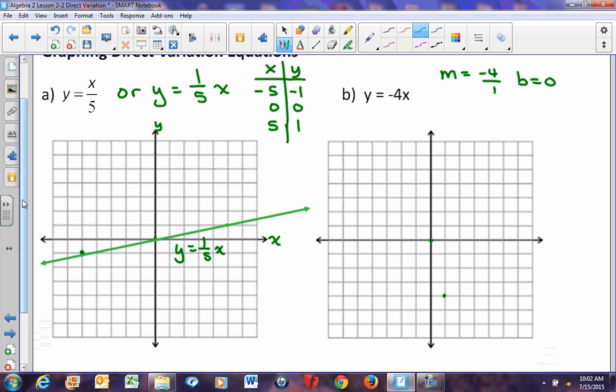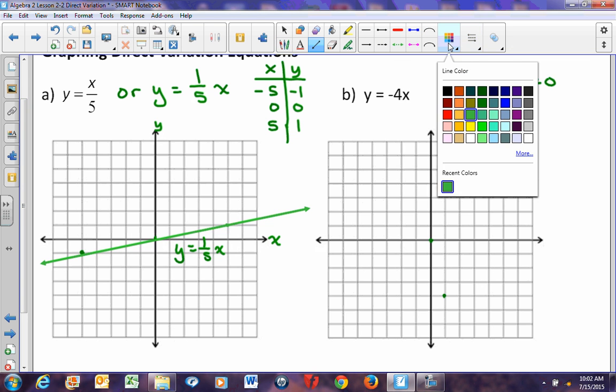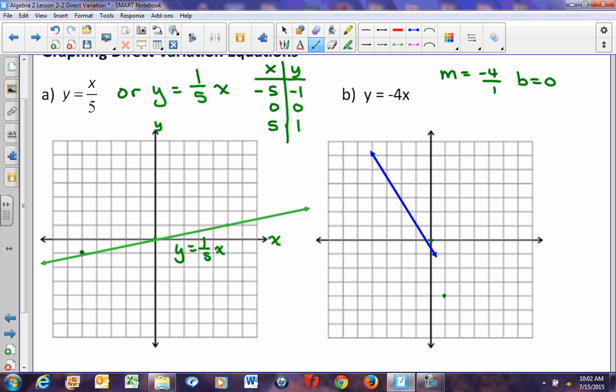I'm going to draw my line again. Let's make this one blue. And I missed massively. So now I can move my line so that it fits where it's supposed to go.